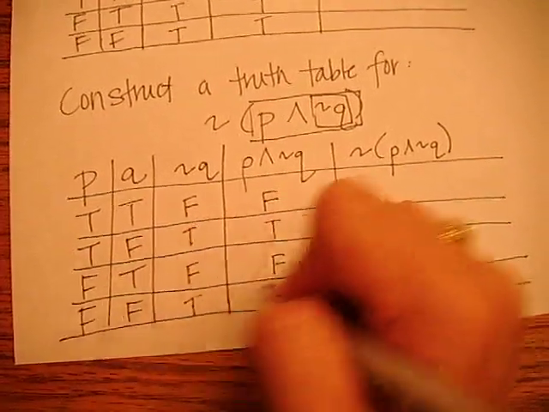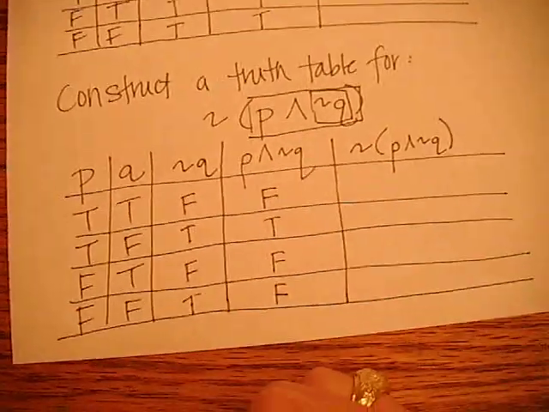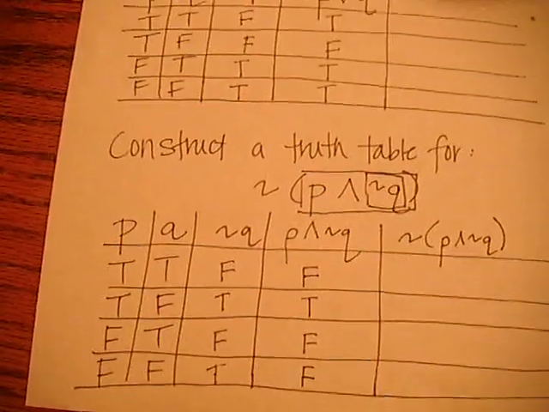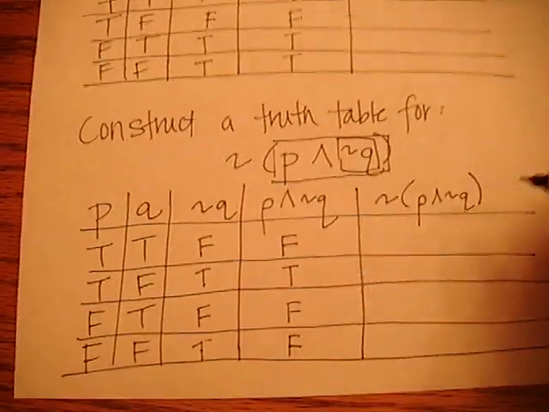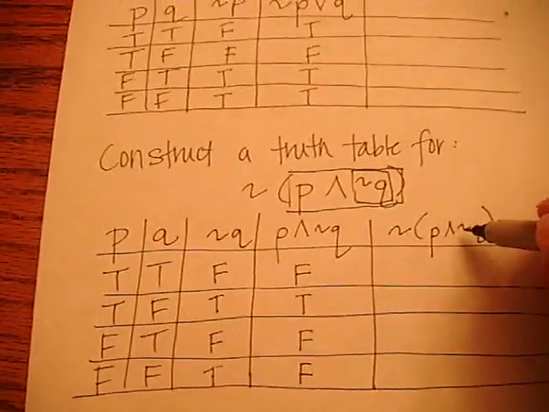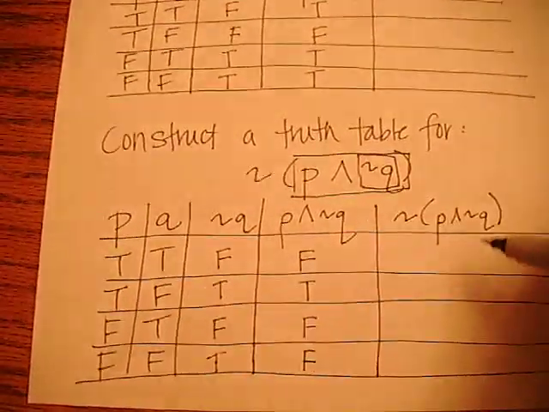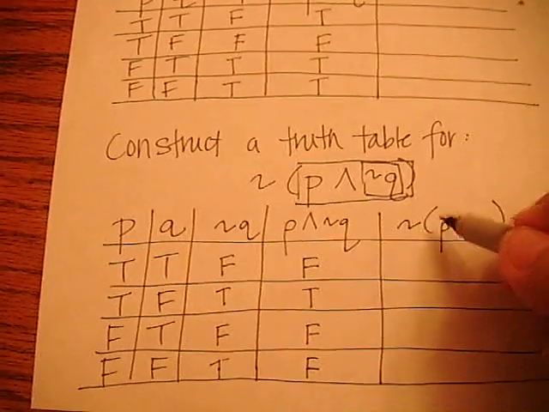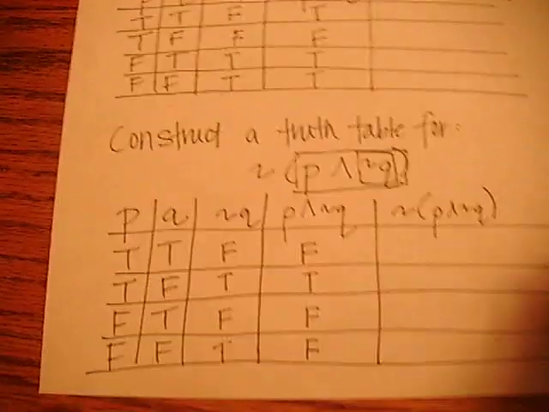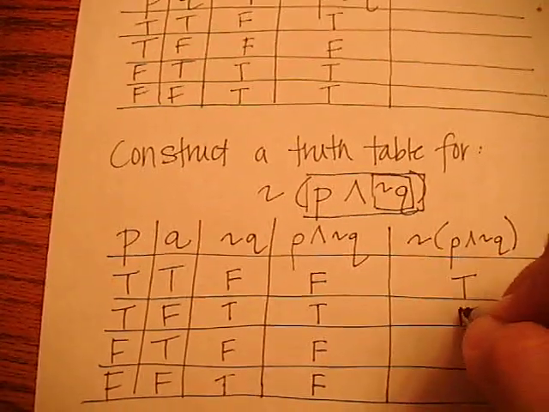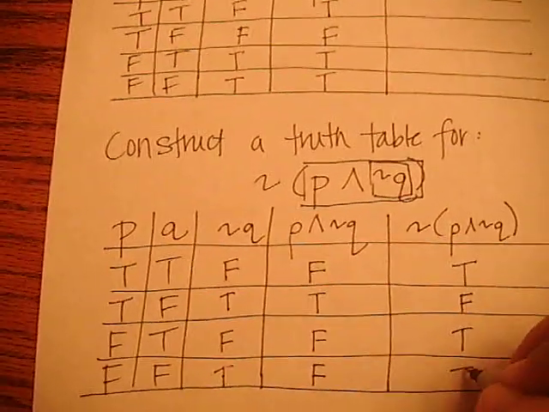False and true is false. Okay. Next, our last column is just the negation of the previous column. See that? So we want the opposite of what was in the previous column. Well, that's easy. We can just fill it in.